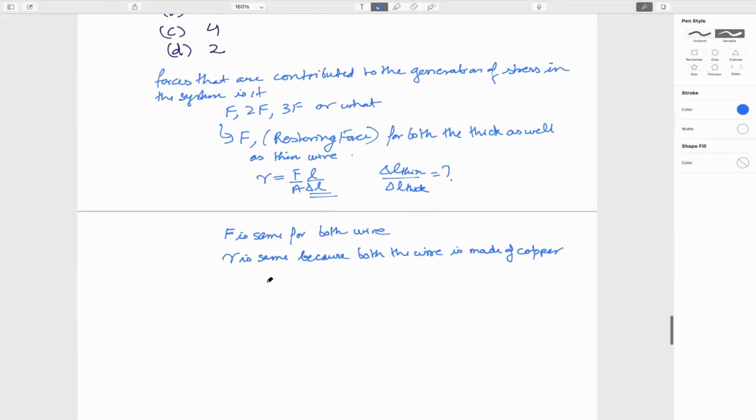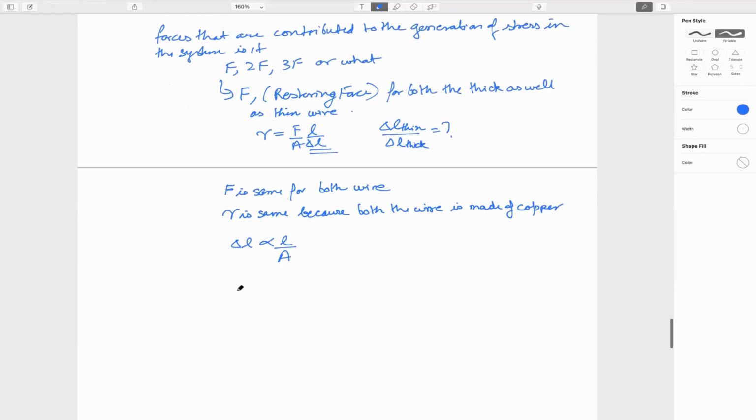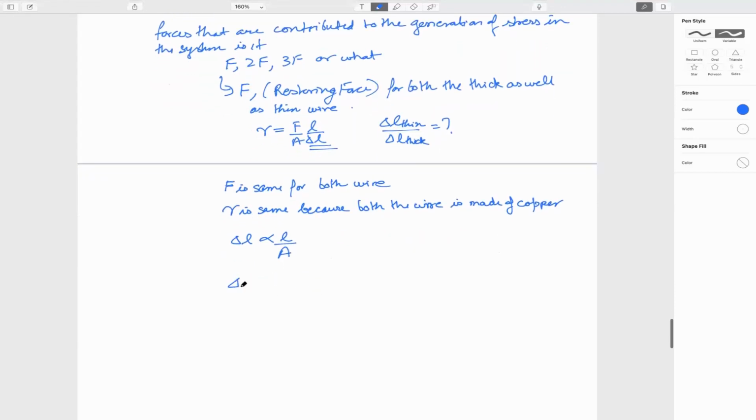Delta L is proportional to L by A. So delta L thin by delta L thick is nothing but L thin by A thin into A thick by L thick.